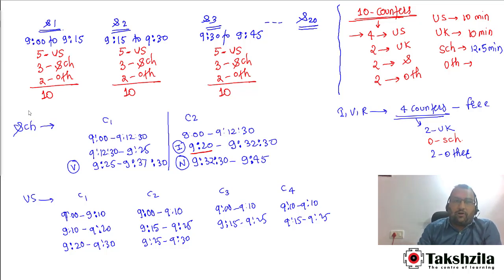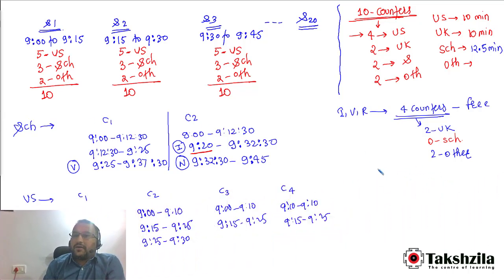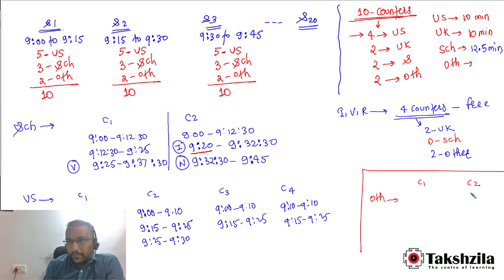So now what we can conclude over here, listen to me carefully. For the others category, there are counter 1 and counter 2. How many candidates are there for the other category in each slot? There are 2 candidates in each slot. They came on time, so their processing started exactly at 9:15 and ends before 9:20.